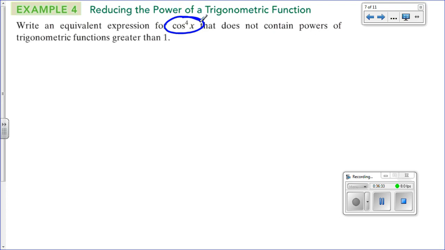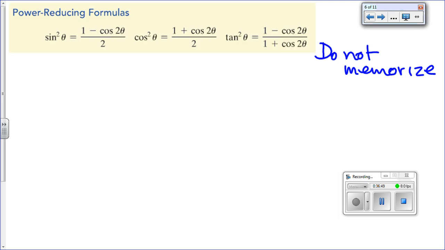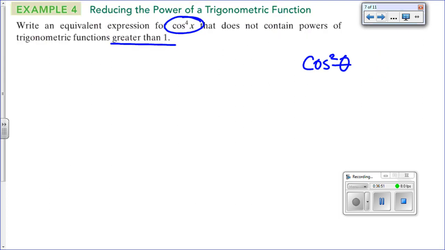So what we want to do is leave it so it doesn't have powers greater than 1. The formula that we have, from the previous slide, is cosine squared of theta equal to 1 plus the cosine of 2 theta, divided by 2. So that's what we're going to be using here.